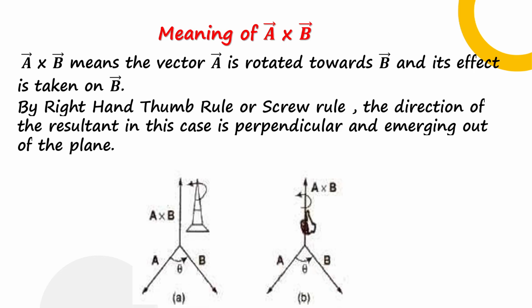Also see in this diagram, the direction of A cross B is by the right handed screw rule, which is moving forward, meaning emerging out of the plane. And also in the second figure, by the right hand thumb rule, if we fold the fingers pointing from A to B, then the direction of the thumb will be the direction of A cross B.